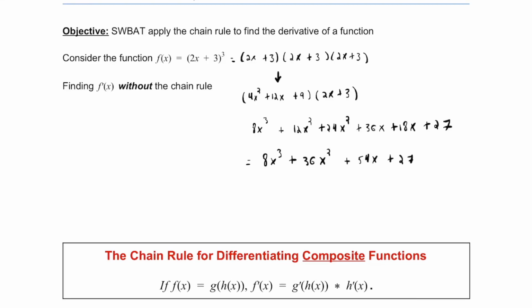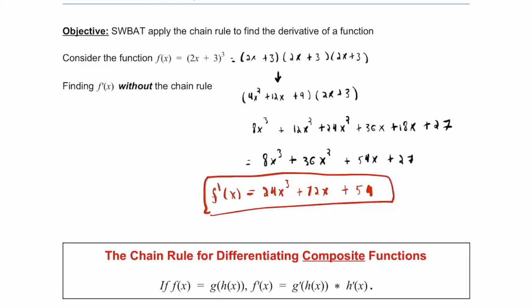And so this is all equal to f of x, and f prime of x, using the power rule, would be 24x squared plus 72x plus 54. So tedious but not impossible.